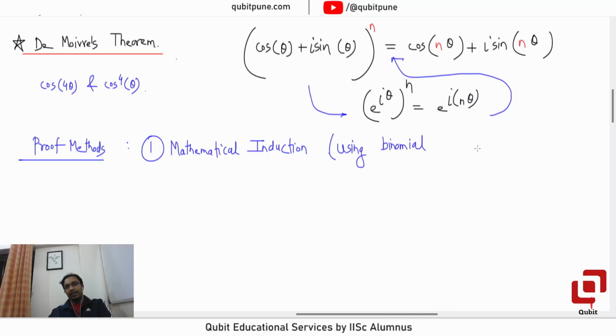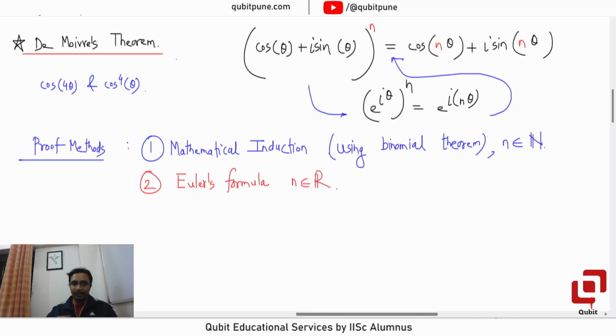But when we decide to prove it using mathematical induction, we have to restrict n to the set of natural numbers. But when it comes to proving by Euler's formula, we may take any real number.